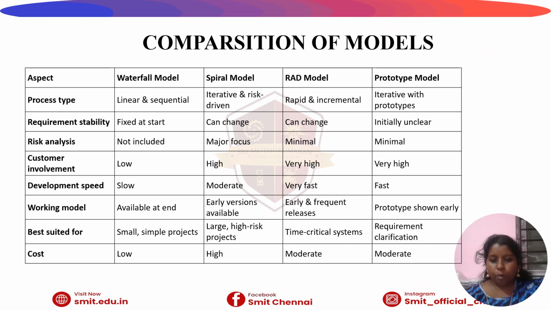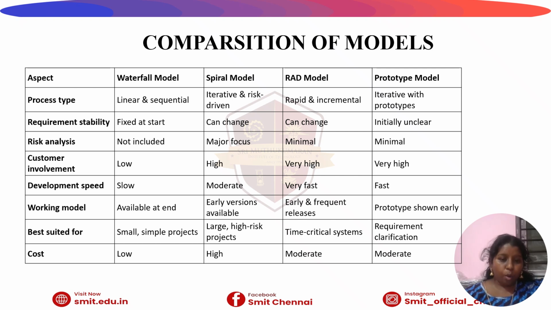In the prototype model, requirements are initially unclear, which means they can be changed until the design process. Risk analysis: the waterfall model does not handle any risk. The spiral model handles major risk, and the RAD and prototype models handle minimal risk.